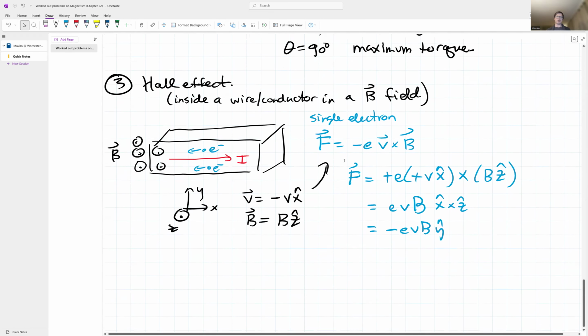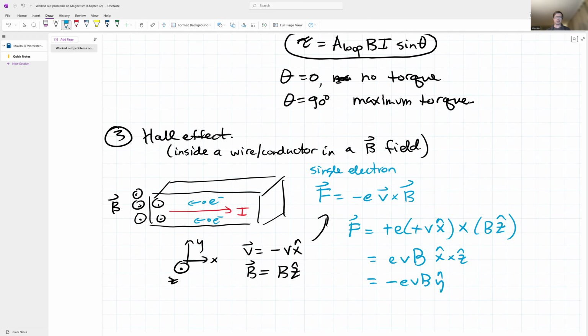That means these electrons in the conductor are going to get pushed down. There's going to be a force on them that's pushing them down. So these guys get pushed down, and that means they will accumulate. There'll actually be net negative charge accumulating on the bottom side of the conductor.